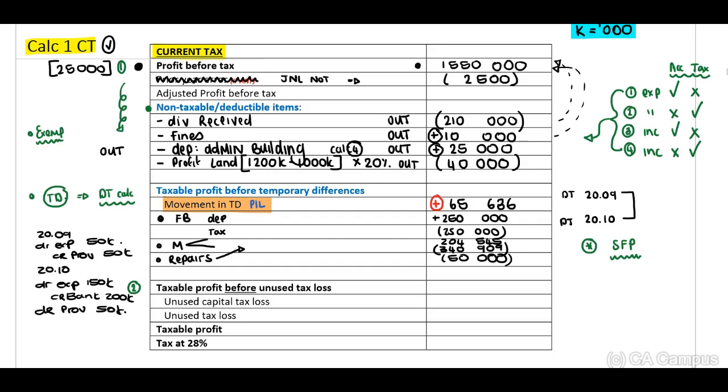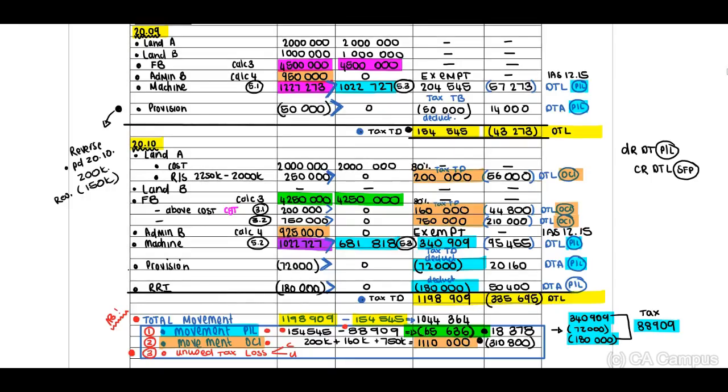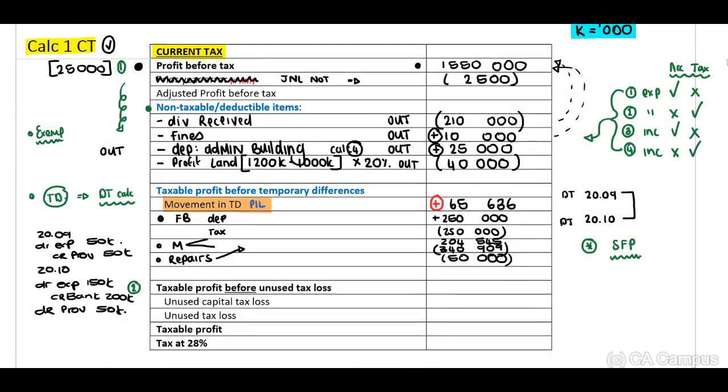Then when you refer to your deferred tax calculation, you will remember for 2010, we had the provision, the 72,000, and our revenue received in advance, the contract liability. In our calculation, we have our contract liability.